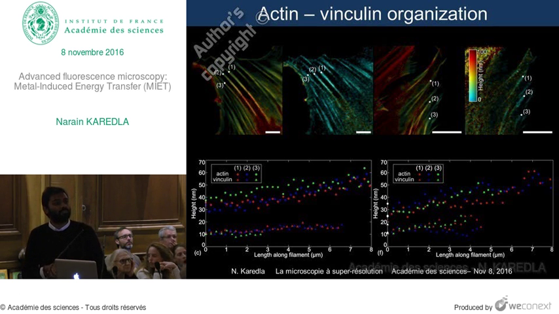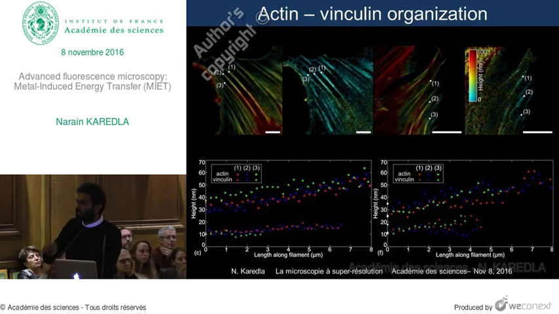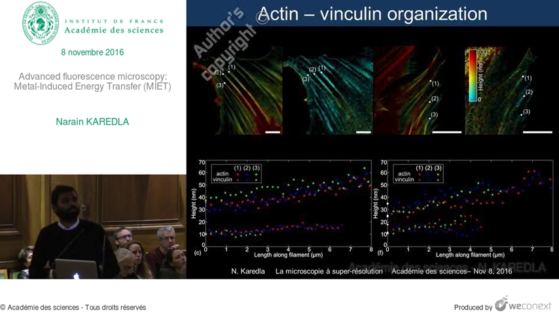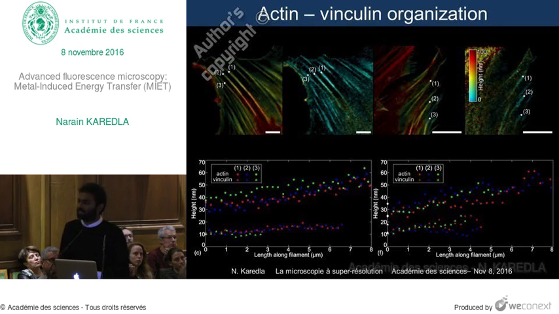And you can also see, for some cases, that the distance between the actin and the vinculin narrows down, whereas the vinculin stays at its position of 10 nanometers. By the way, this is a dual color experiment, so you label the actin with a different color and the vinculin with a different color. That means that you can simultaneously probe different proteins and their distance from the surface.